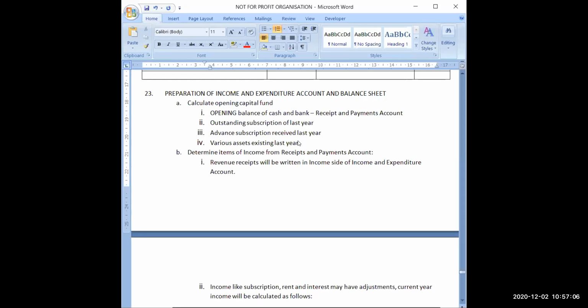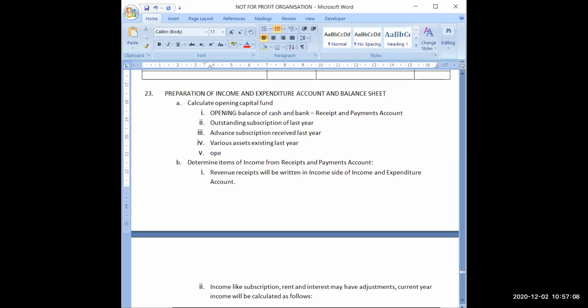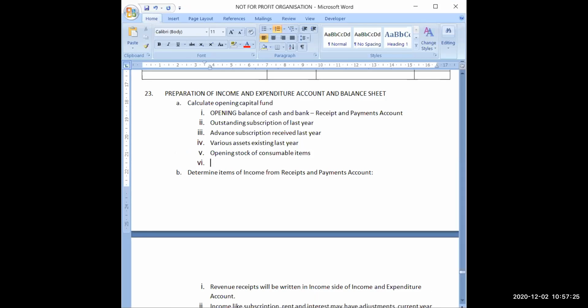You may also get the opening stock of consumable items, that will be written in the opening balance sheet. You may also get the opening balance of creditors for the consumable items.